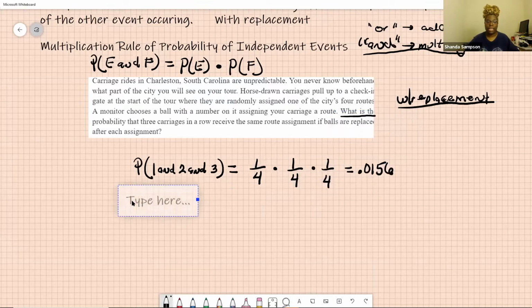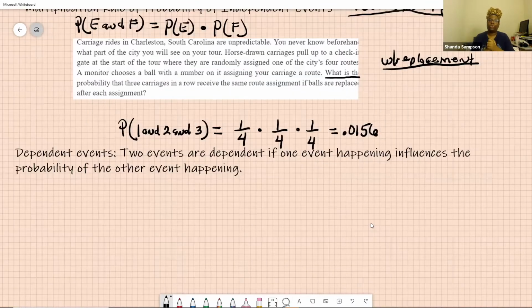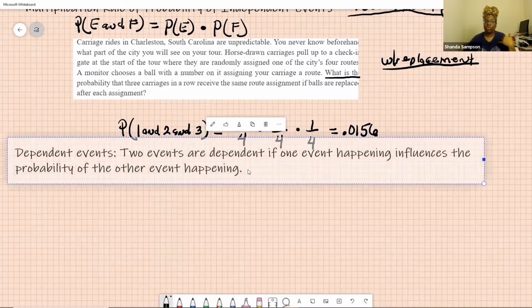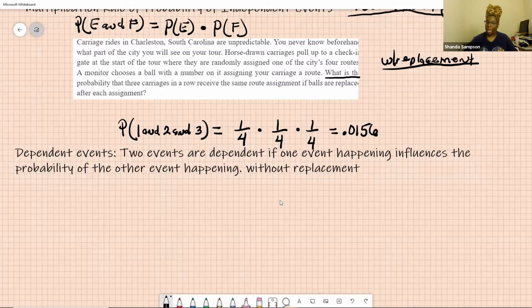So let's get into the definition of dependent events. 2 events are dependent if one event happening influences the probability of the other event happening. And this is the event that we say is without replacement. So the first one was with replacement, and this one is without replacement. That means that you're not going to put it back. So that's going to affect your next choice.